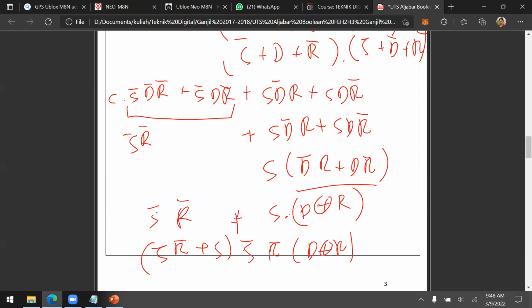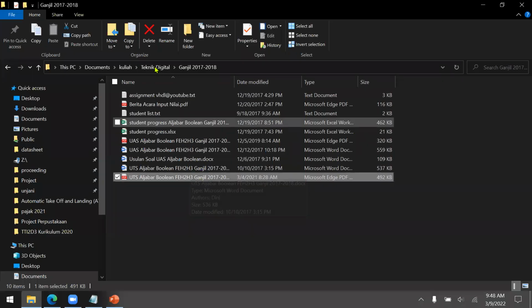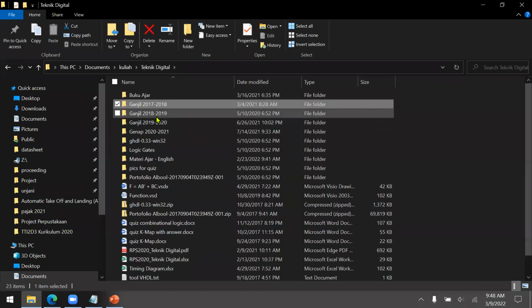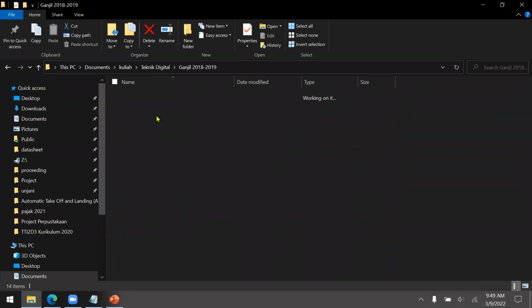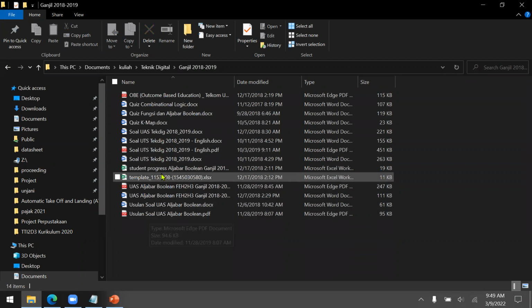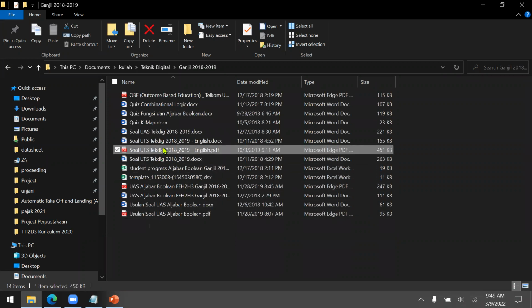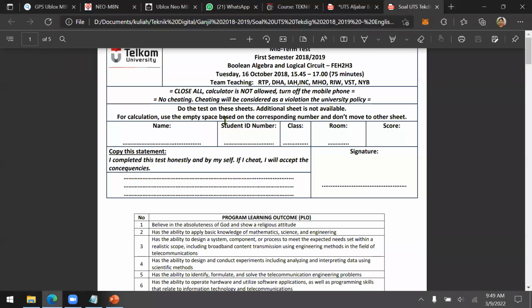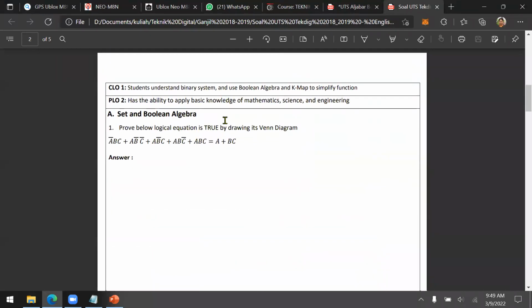Okay. And then what else? We have the mid exam from 4 years ago. Okay, almost similar. Prove the Boolean equation is true by drawing its Venn diagram.